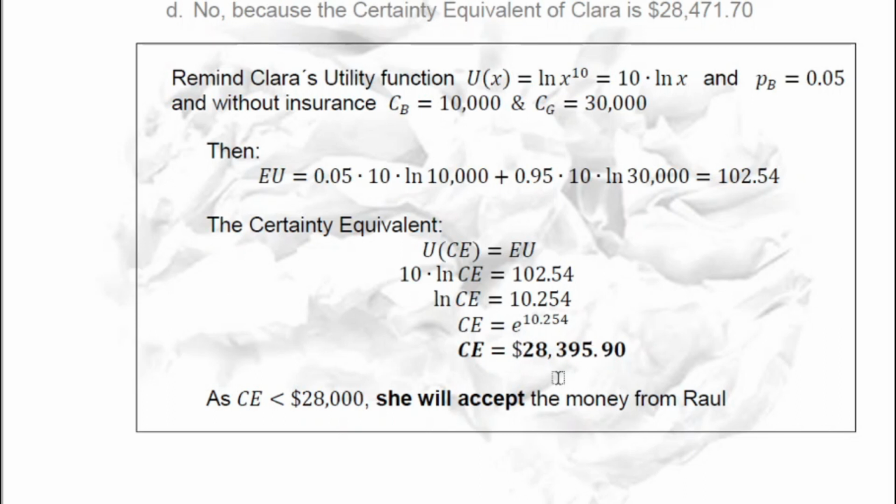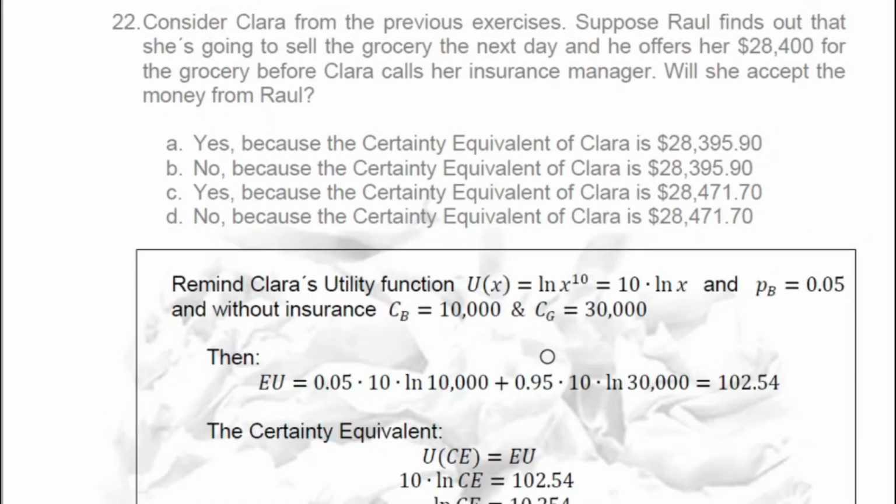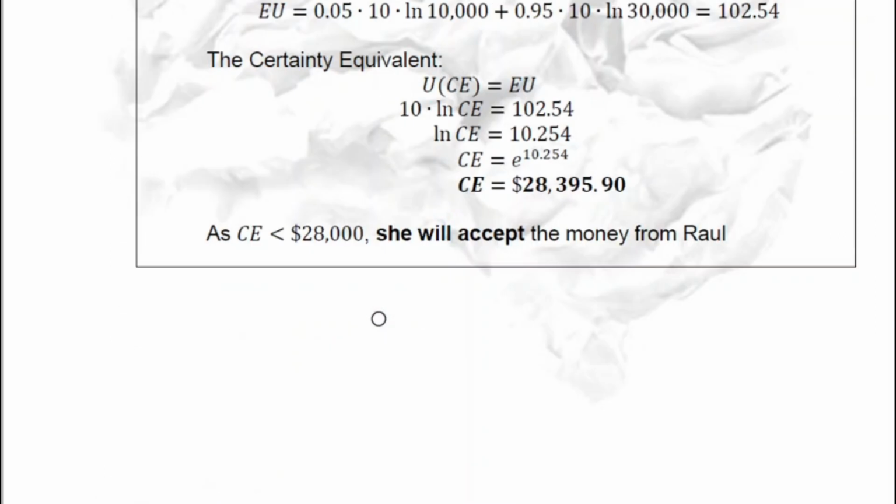As Raul offers her a little bit more, just $4 more, she will accept the money from Raul. I just forgot here the 4. So here you have letter A, it would be the answer. You have a good exercise.